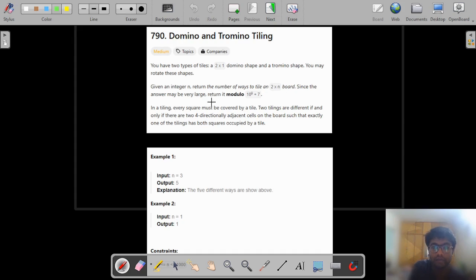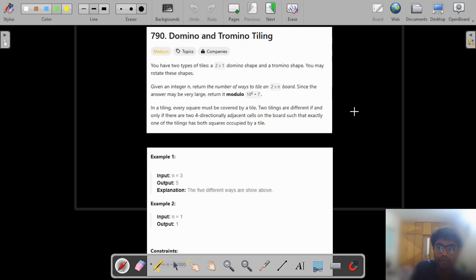Since the answer may be very large, return it modulo 10 power 9 plus 7. In a tiling, every square must be covered by a tile. Two tilings are different if and only if there are two 4-directionally adjacent cells on the board such that one of the tilings has both squares occupied by a tile.